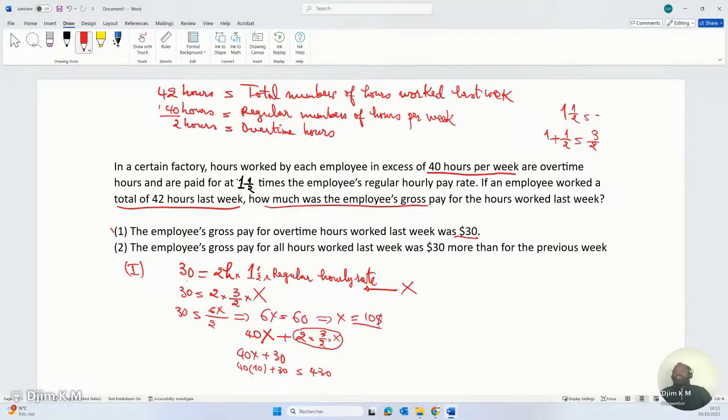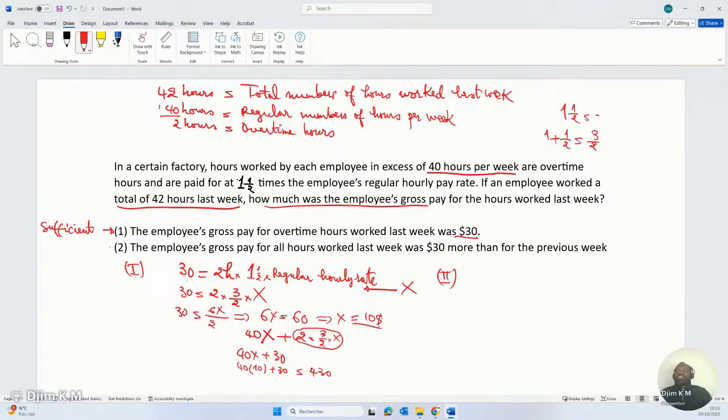So the first condition is sufficient because it has allowed us to find the total amount of the gross pay. Let's now check the second condition. The employee's gross pay for all hours worked last week was $30 more than for the previous week.